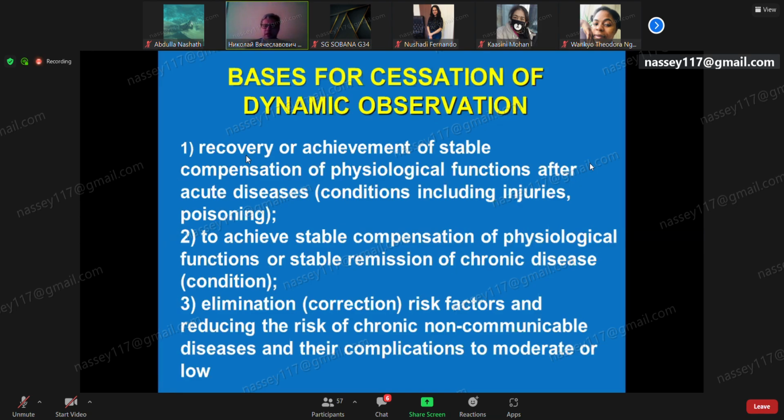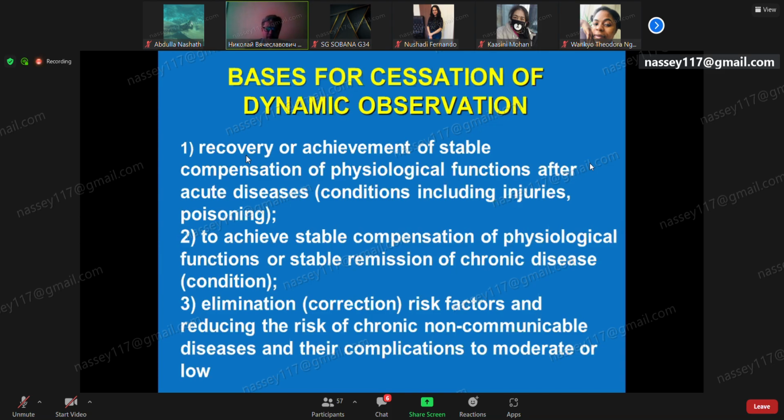These bases are recovery or achievement of stable compensation of any physiological functions after acute diseases, for example, after injuries, traumatic damages, poisoning, and others. For them, we can cancel dynamic observation.